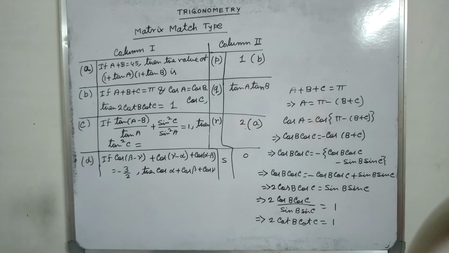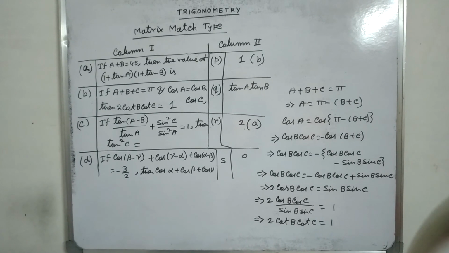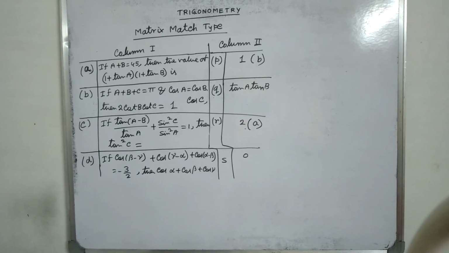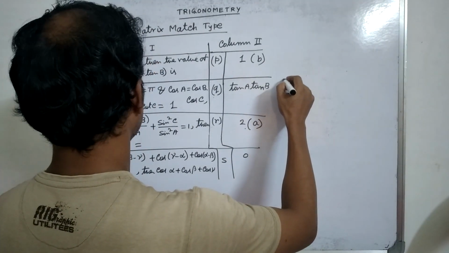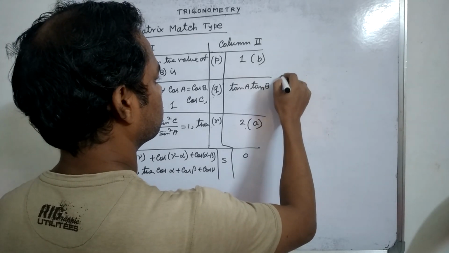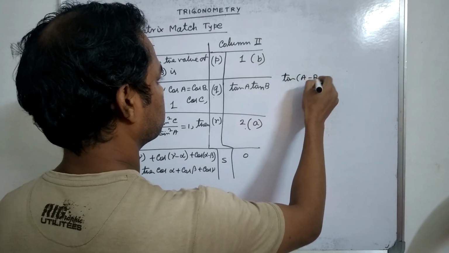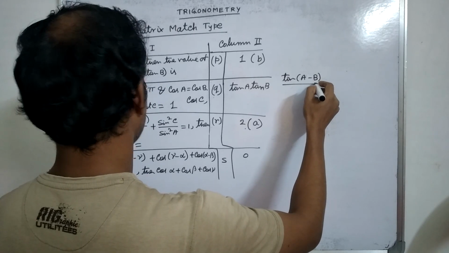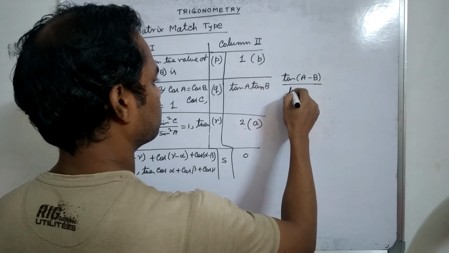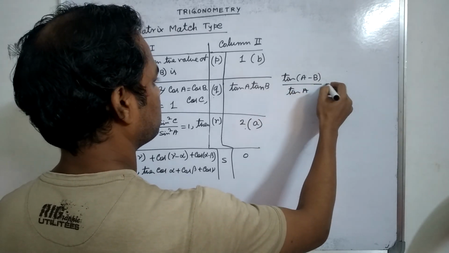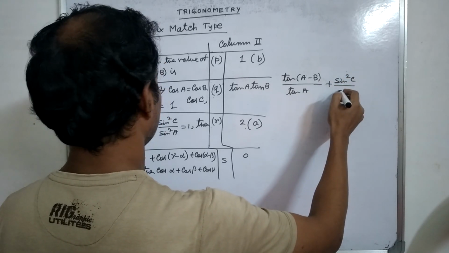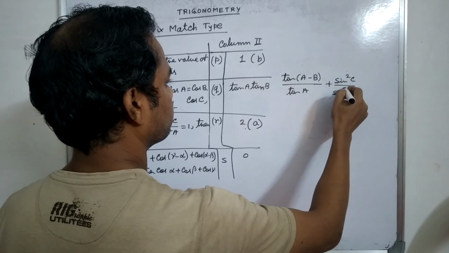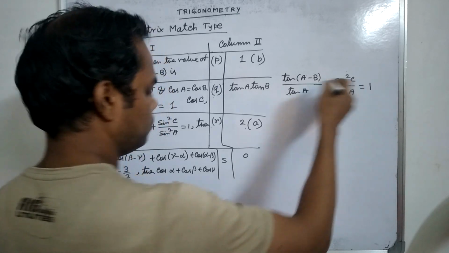The third part is tan (A minus B) by tan A plus sin square C by sin square A is equal to 1.